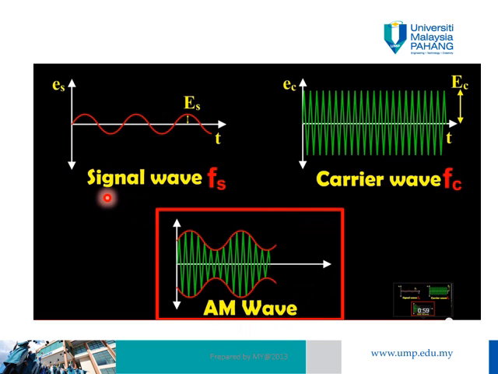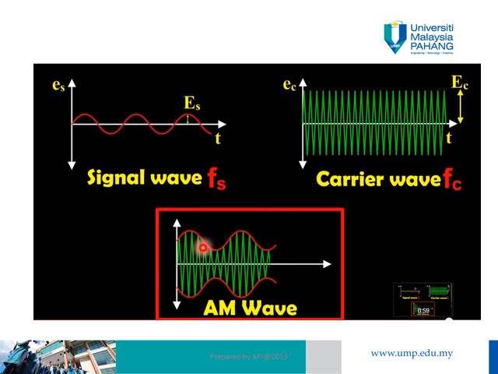This is the low frequency modulating signal, FS, and this is the high frequency carrier signal, FC. These are combined together in the process of AM modulation, producing the AM envelope.